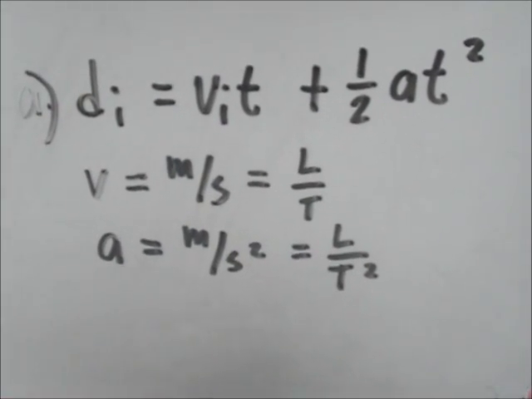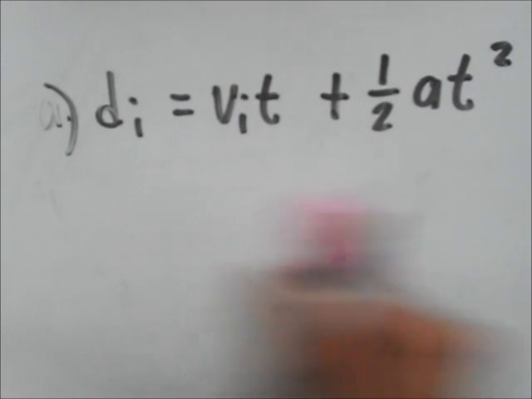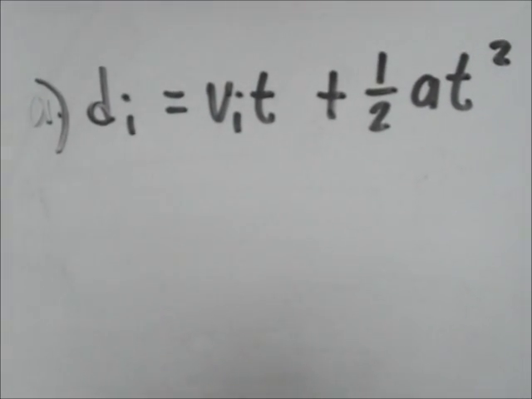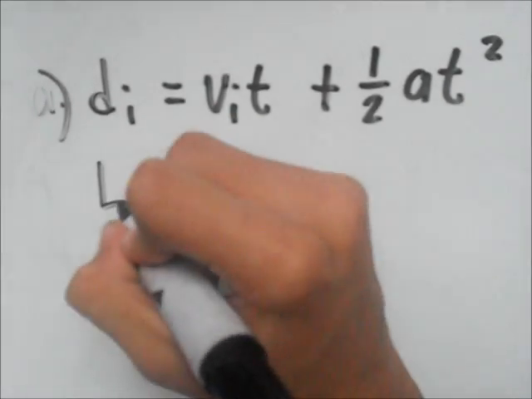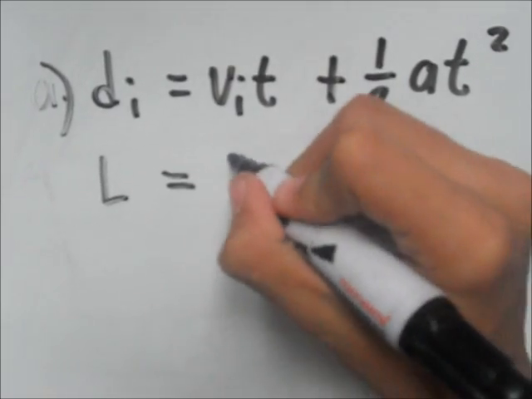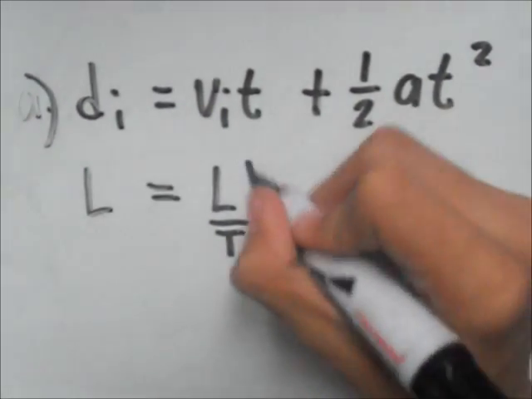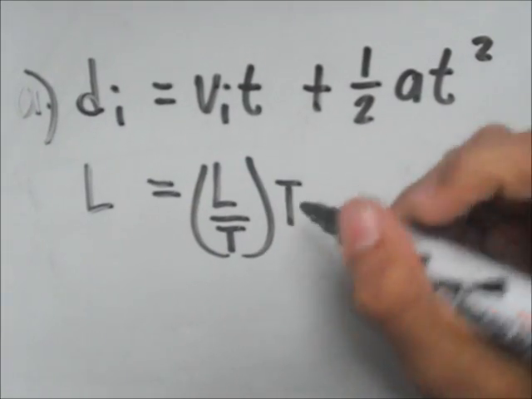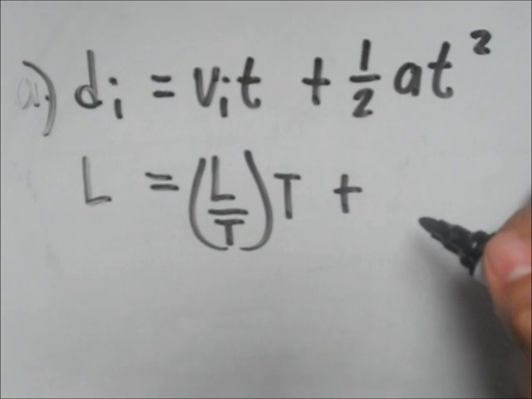So let's now derive the given formula. Initial distance is equal to length, and initial velocity is equal to length over time, and remain the quantity of time. Plus, let's neglect 1/2 for it is dimensionless.